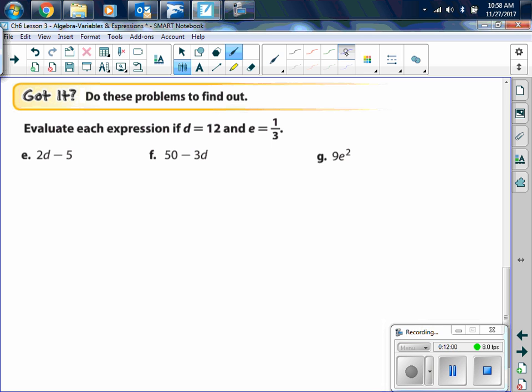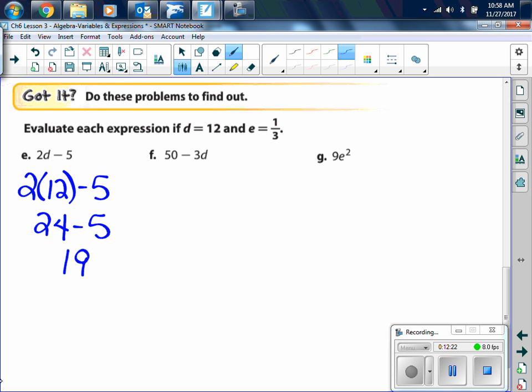So when we substitute, we have 2 times d, which is 12, minus 5. Does everybody see I use the parentheses for multiplication here? So 2 times 12 is 24, minus 5 is 19. Very good.